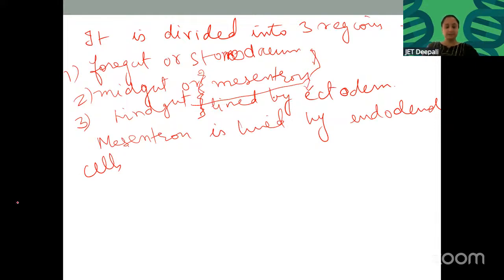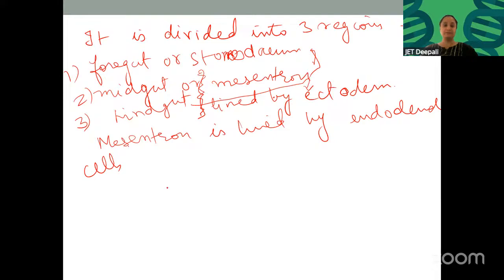Foregut or stomodeum. Now you have to write in detail about the foregut and stomodeum. Then you have to write about the midgut, then the hindgut, and then write the digestive glands that cockroach has, the salivary glands of cockroach. This will complete your answer.